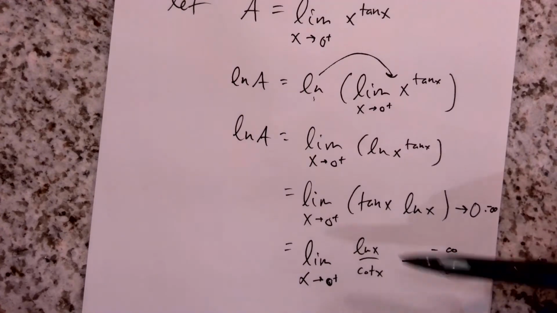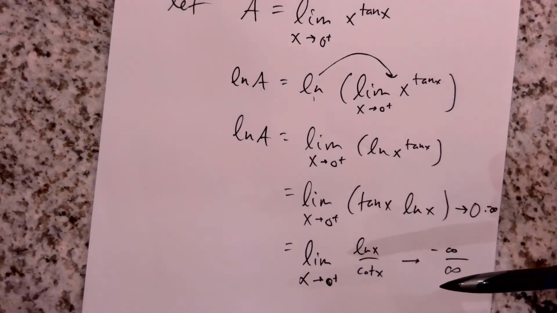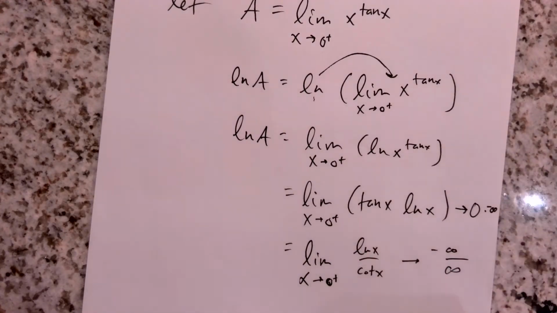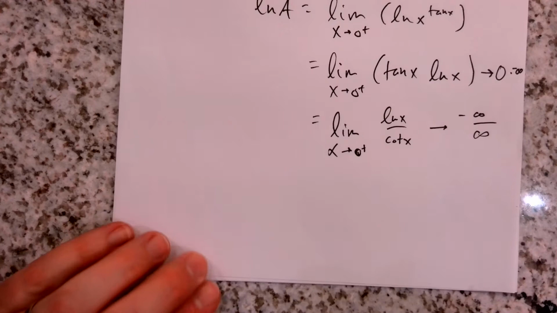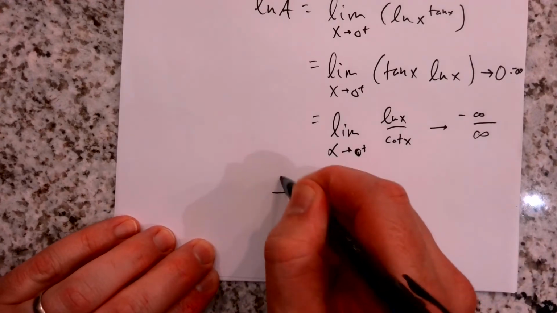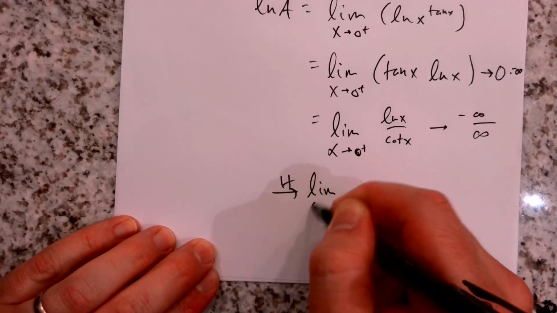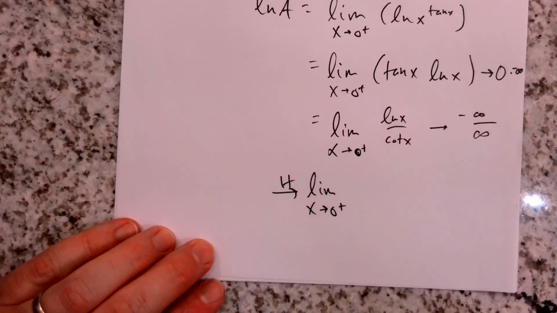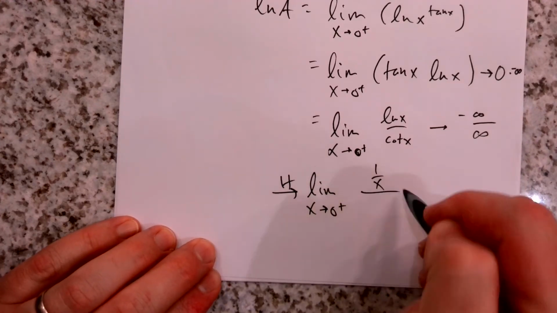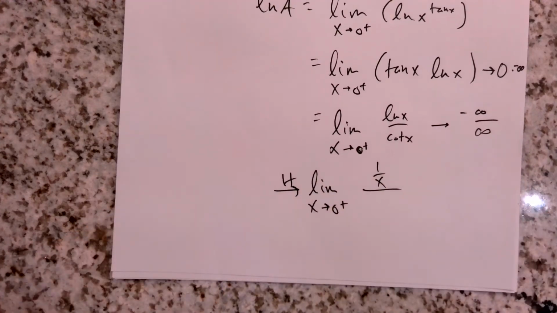Right, because cotangent is cosine over sine, and as x goes to 0 from the right side, sine's approaching 0, so the whole expression is going towards infinity. So this is L'Hopital's rule territory. So we do L'Hopital's rule. Derivative of the top over the derivative of the bottom.